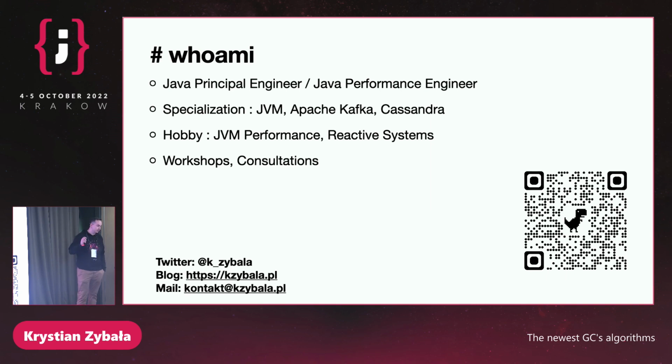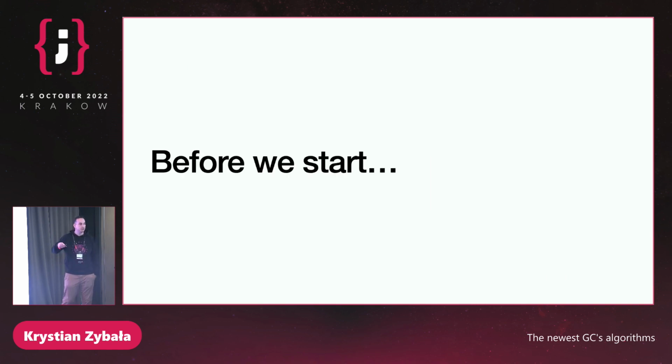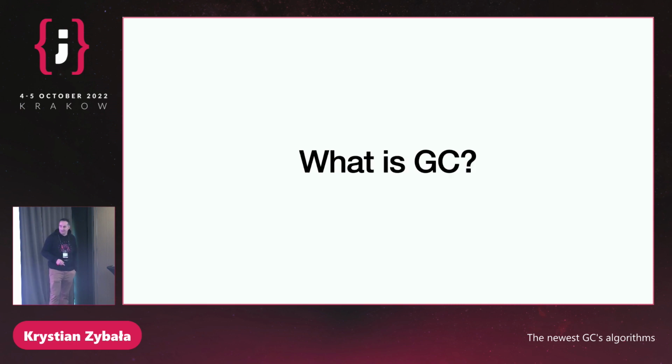Before we start, how many of you know what exactly a garbage collector is and who tunes the garbage collector? Okay, not too many. First of all, a garbage collector is an algorithm, a mechanism to clean our objects which are allocated in the heap.